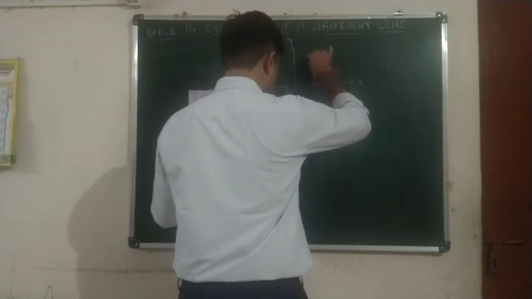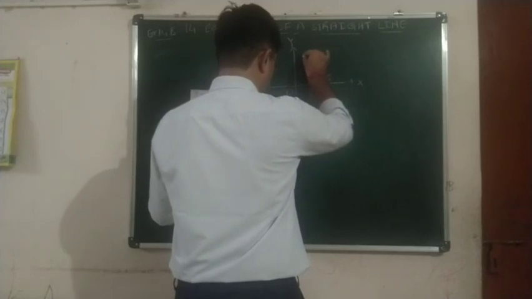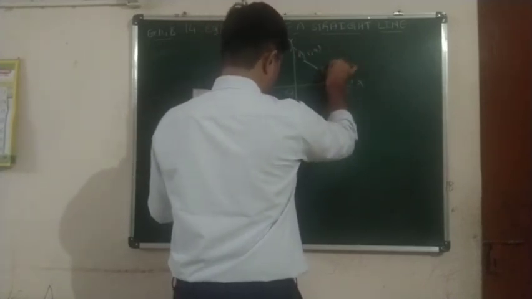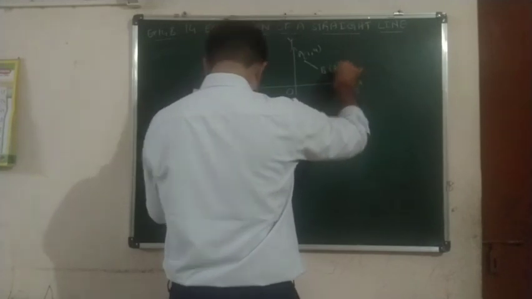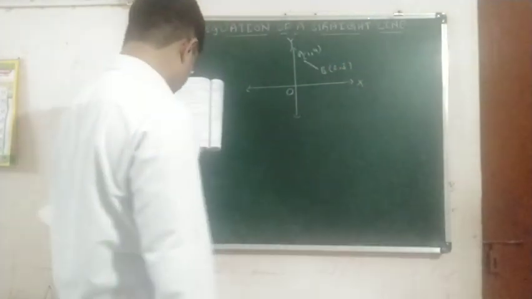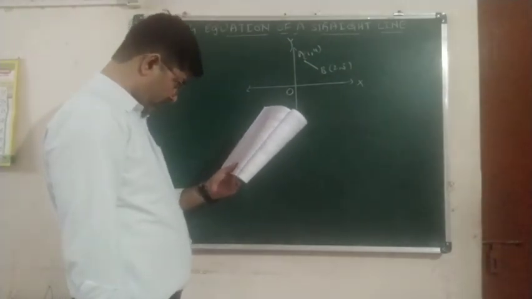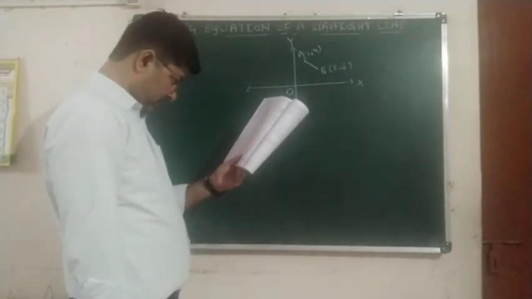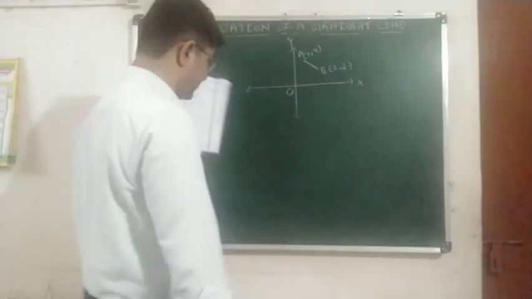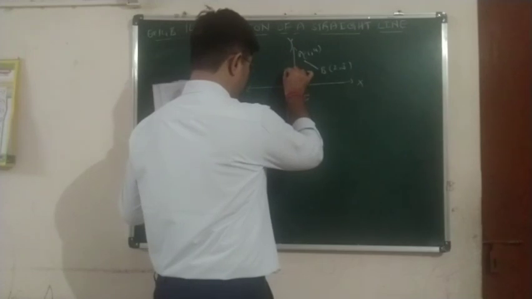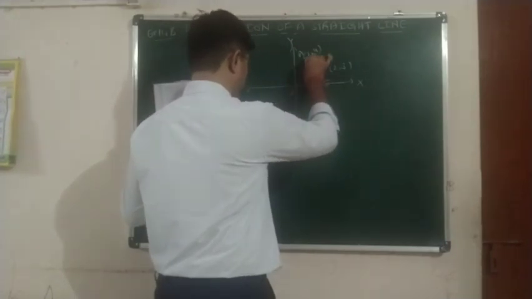So we have these 2 points, A 1 comma 4 and B 2 comma 3. Now we have to draw a perpendicular from the point -1 comma 2. So from this point we have to draw a perpendicular.